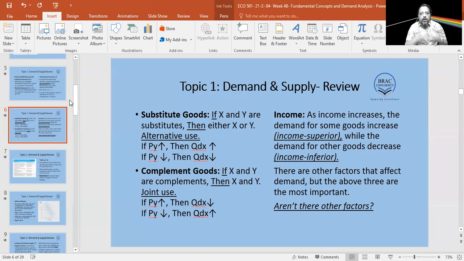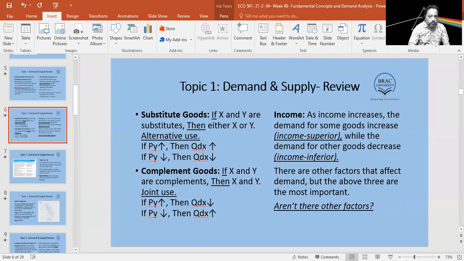So common sense would tell us if the price of the substitute good increases, then the demand for our original good will also increase. How? X was Pepsi. So if the price of Coca-Cola carries on increasing, since Coca-Cola and Pepsi are substitutes of each other, the demand for Pepsi will also increase.